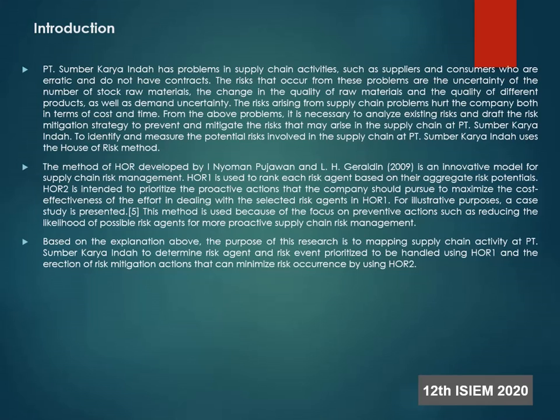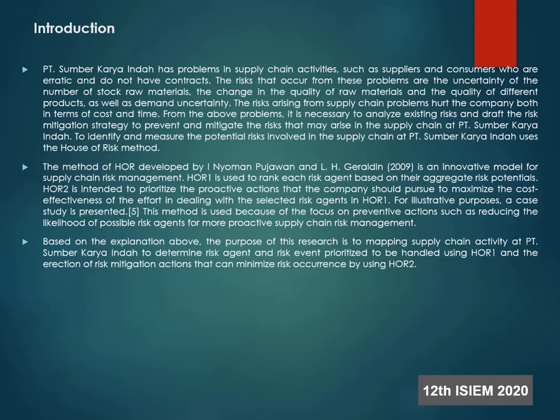The risks that occur from this problem are the uncertainty of the amount of raw material stock, the change in the quality of raw materials, the different quality of products, as well as demand uncertainty. The risks arising from supply chain problems hurt the company both in terms of cost and time.